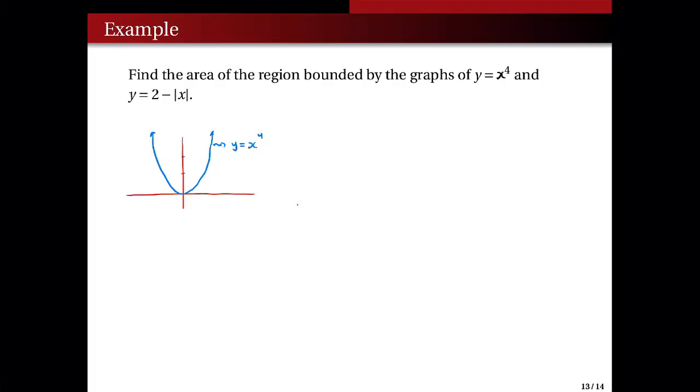The graph of y equals 2 minus absolute value of x will be something like this. And of course, if x equals plus or minus 2, it will intersect at this part here and at this part here.